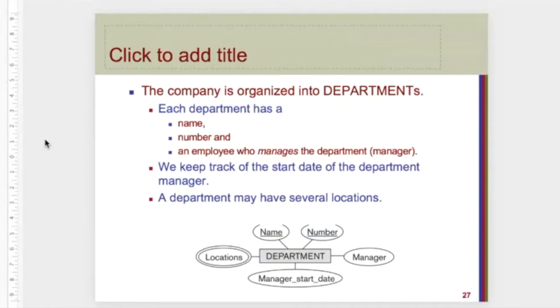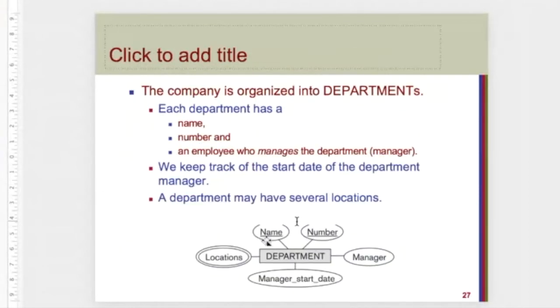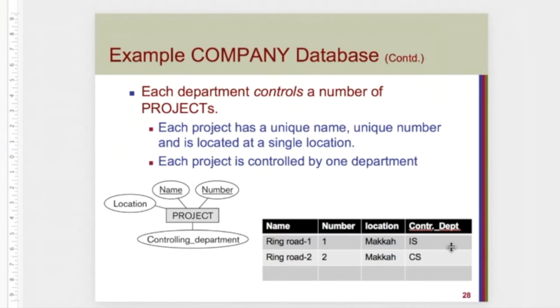Similarly, we saw more examples of our example company database. We saw how we represent department with 2 key attributes. Location is multi-valued. Manager and manager start date are single valued attributes. Second example, we saw project.